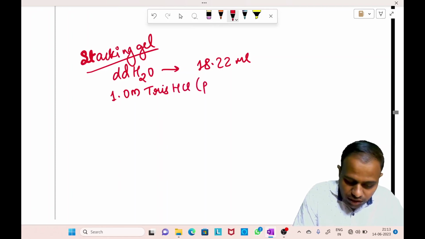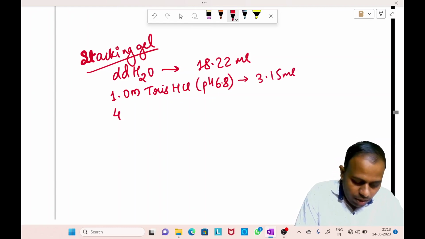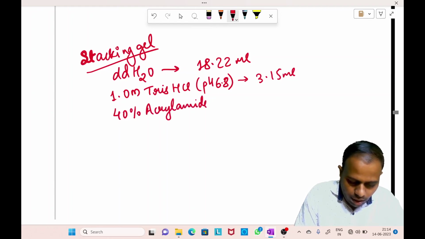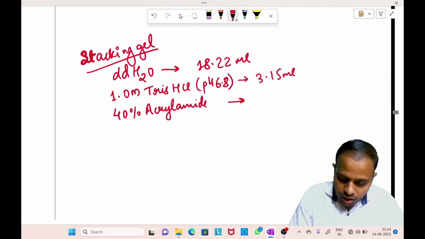The pH of this Tris HCl should be adjusted at 6.8, and you have to take 3.15 ml. Then 40% acrylamide solution is to be taken, 3.13 ml in the gel mixture which you are preparing.